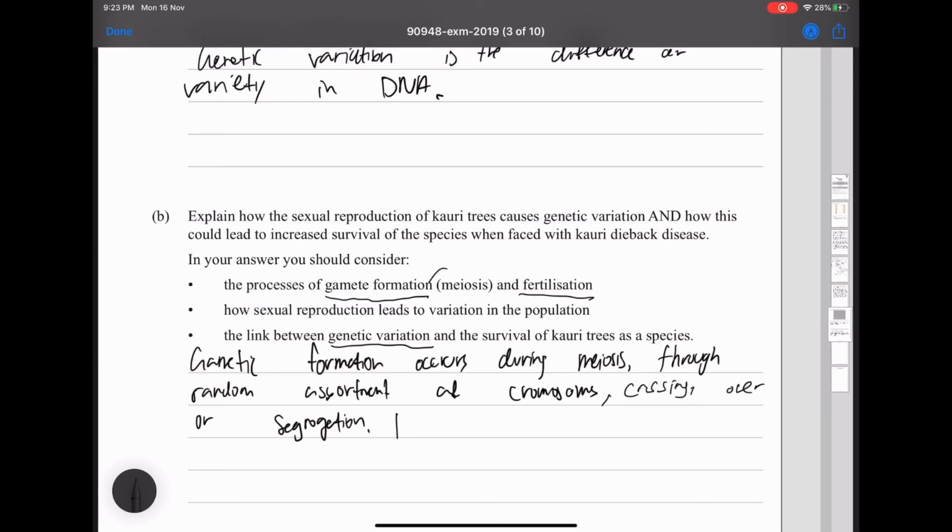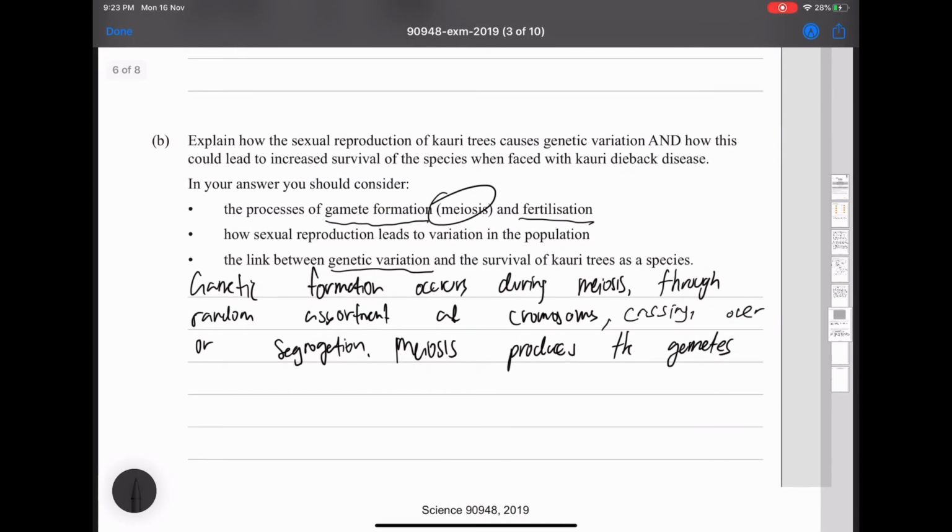Meiosis, we've talked about. Meiosis produces the gametes, and the gametes carry half the chromosomes in the parent cell.